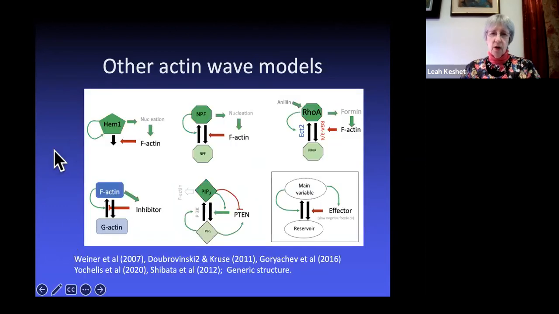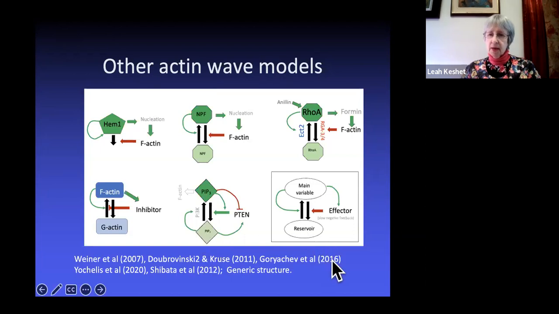And it turns out also that many of those models share some kind of key, let's say, topological structure or graphical structure. So there are models for white blood cell neutrophil waves, for waves in the frog eggs and nematode worms and starfish, for dictyostelium.